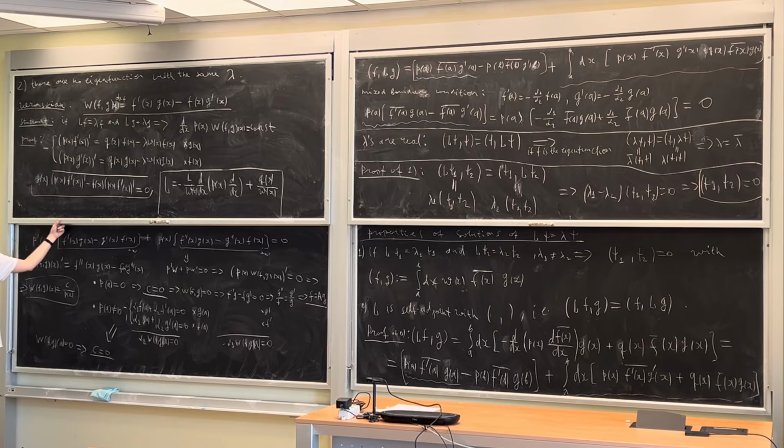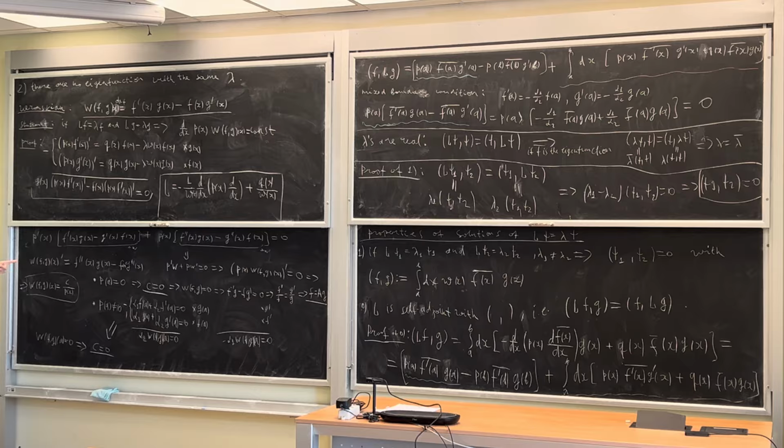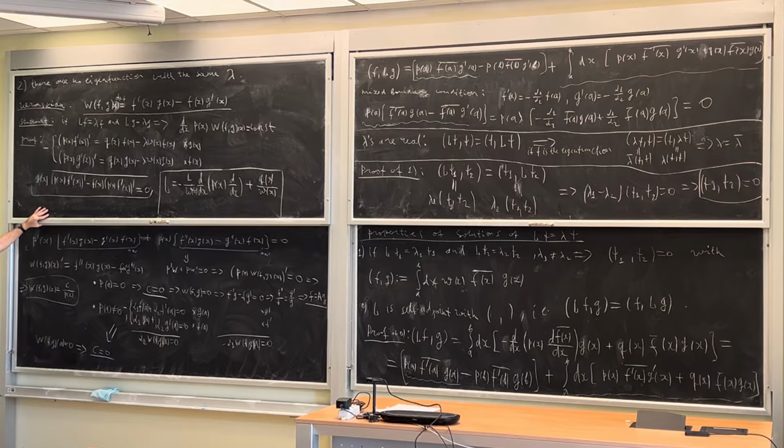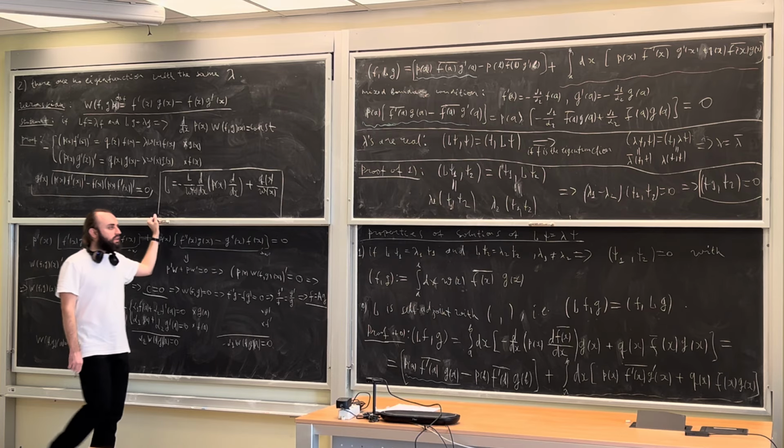So it was the second property, and it's not the last time we are using a Wronskian.